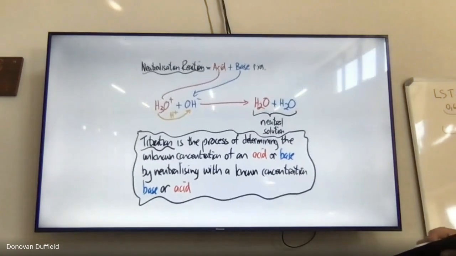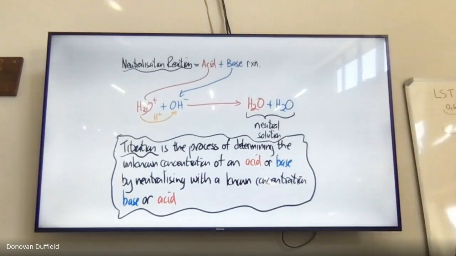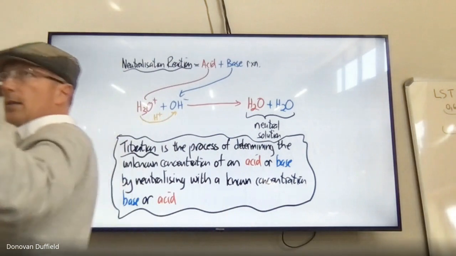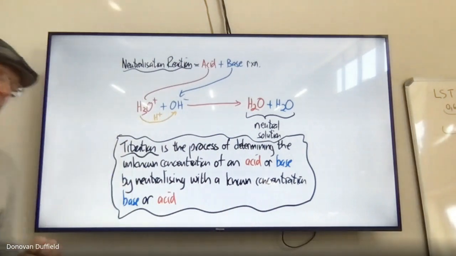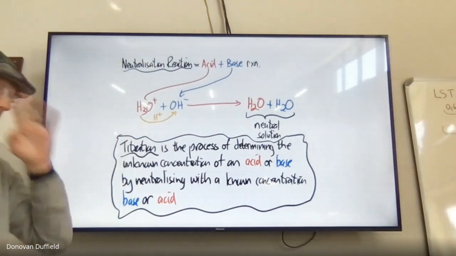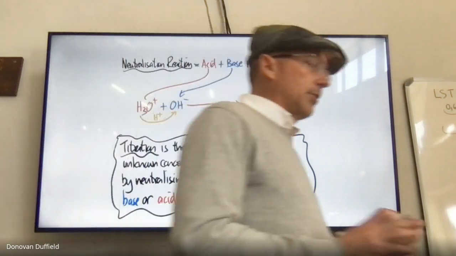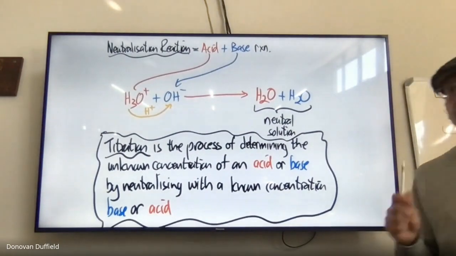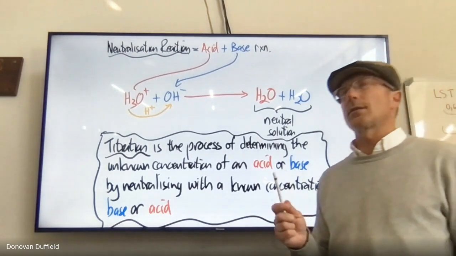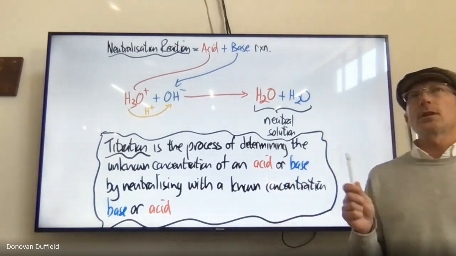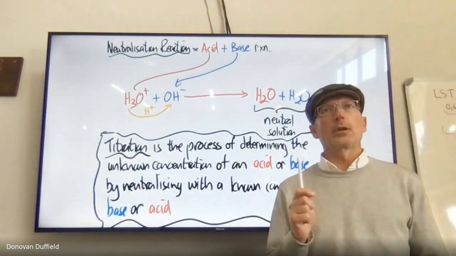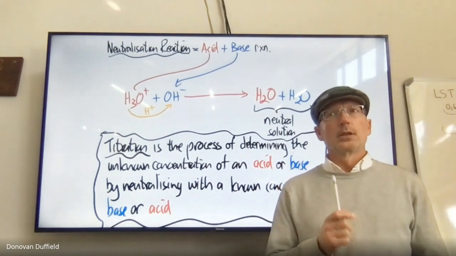Now titrations, if you go to university and do any course, whether it be in chemistry, in medicine, or a biological course, you're going to do titrations. Titrations don't have to be with acids and bases, because a titration is basically using some reaction to quantitatively determine an unknown concentration.